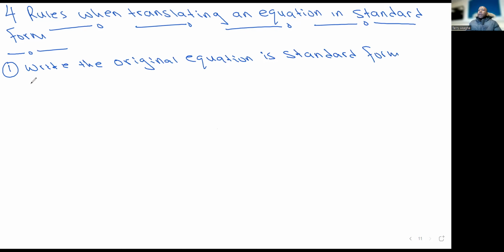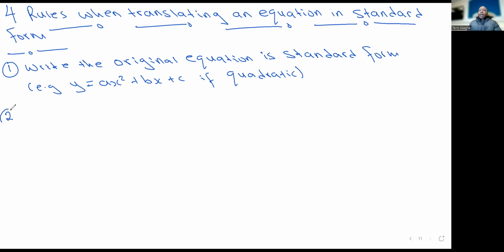For example, if it's a quadratic, y is equal to ax squared plus bx plus c. If it's a cubic, it'd be ax cubed plus bx squared plus cx plus d. If it's a rational function and the rest of it, you just make sure it's in the standard form.